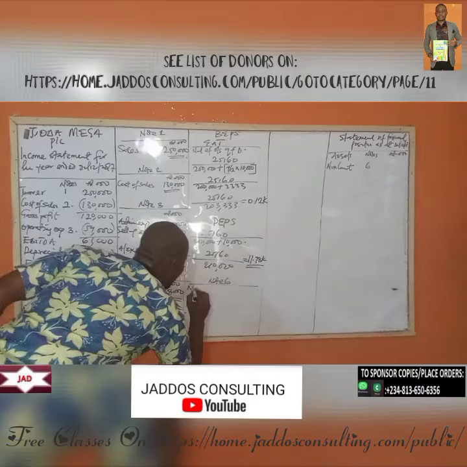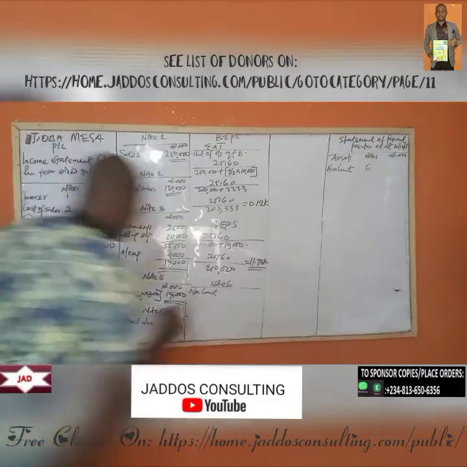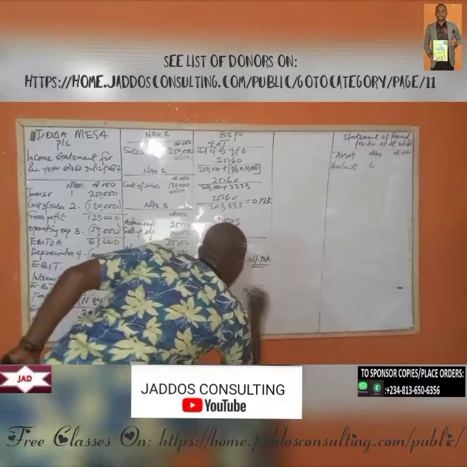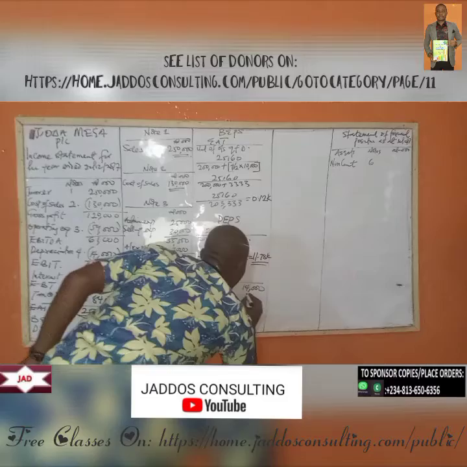So we have non-current. What do we have? 140, with less depreciation, which is 14,000, right?